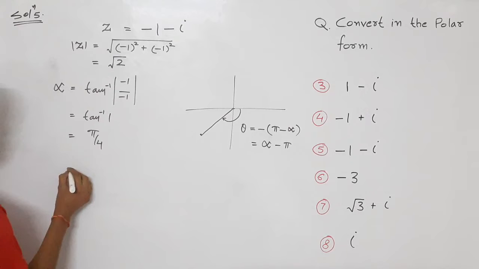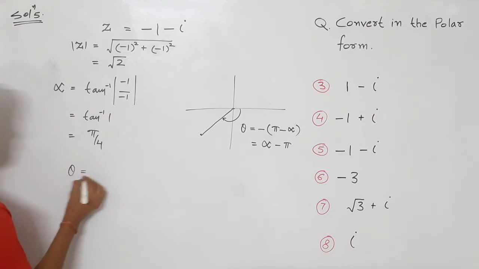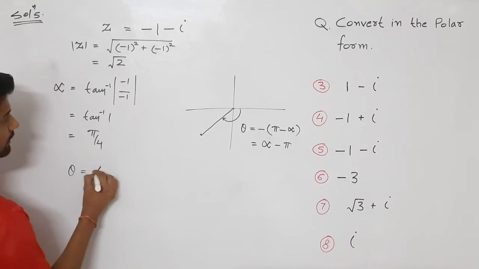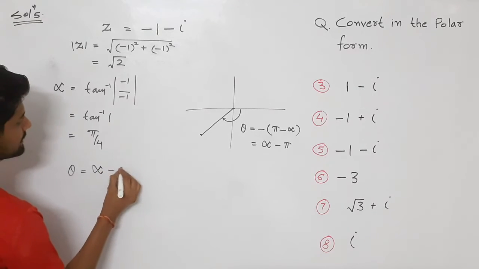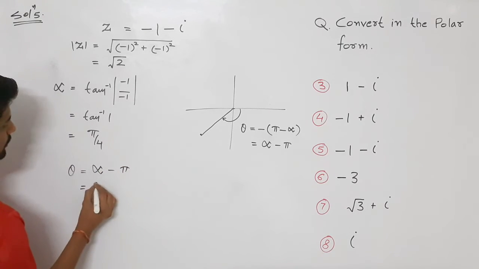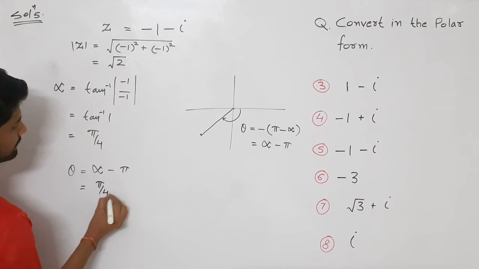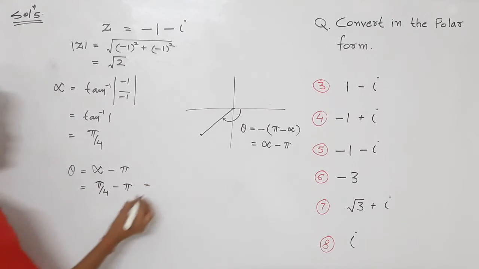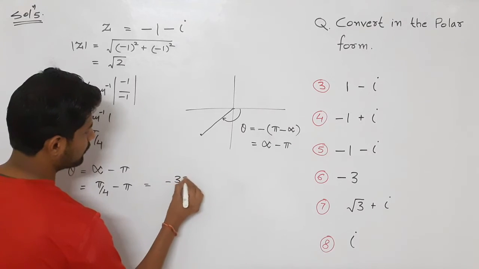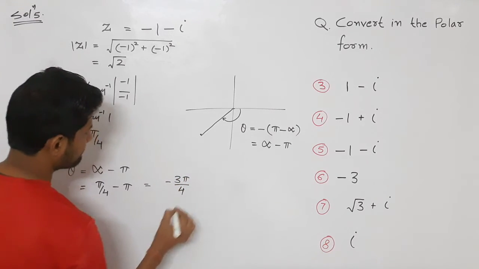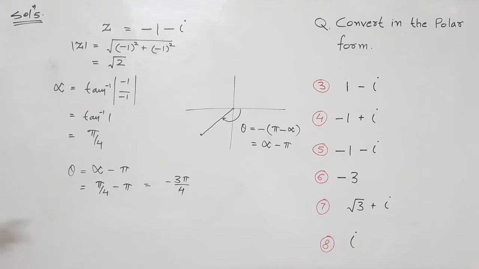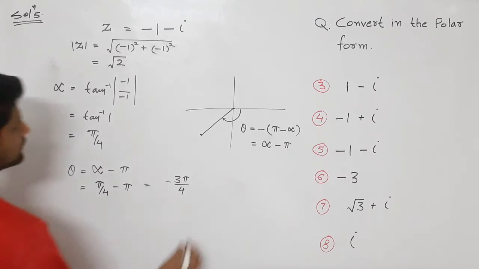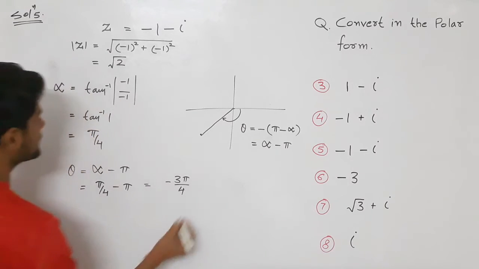Principal argument will be alpha minus pi, or pi by 4 minus pi, which is equal to minus 3 pi by 4. Okay. So this is principal argument of this complex number.